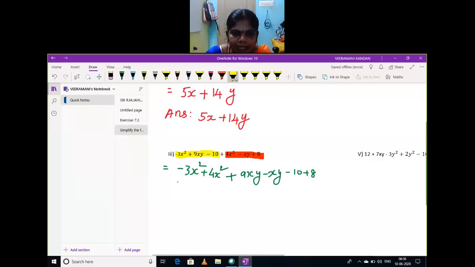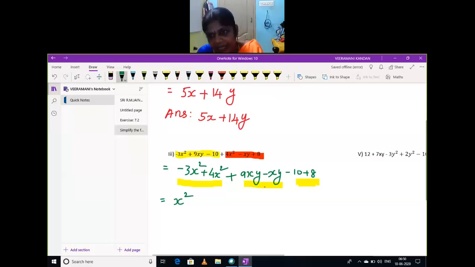So minus 3x square plus 4x square is like term. 9xy and xy is the like term. This is constant. These two are like terms. So minus 3 plus 4 you get plus 1. So x square. Next 9xy minus xy. xy is a common variable.